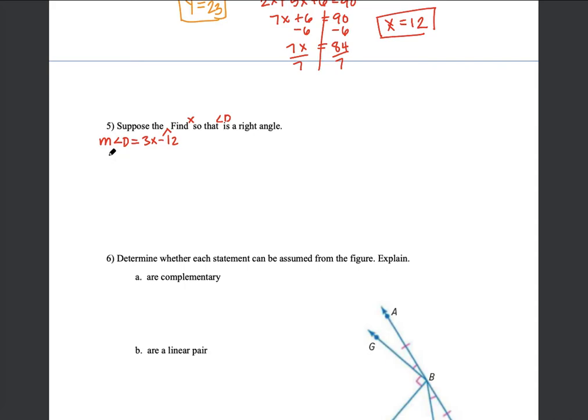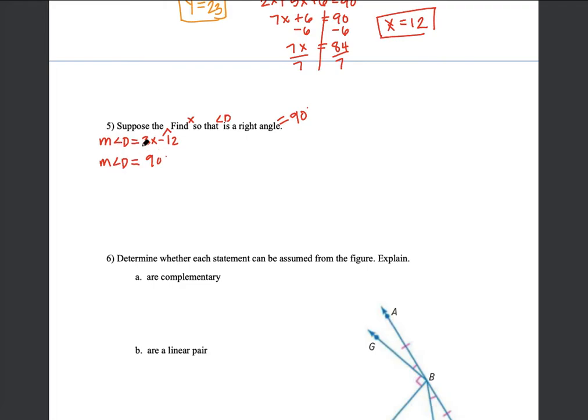Okay, so they tell us the measure of angle D is equal to 3x minus 12, and they also say that angle D is a right angle. So I know that the measure of angle D is equal to what if it's a right angle? If it's a right angle, remember right angle means 90 degrees. So I can say the measure of angle D is 90 degrees.